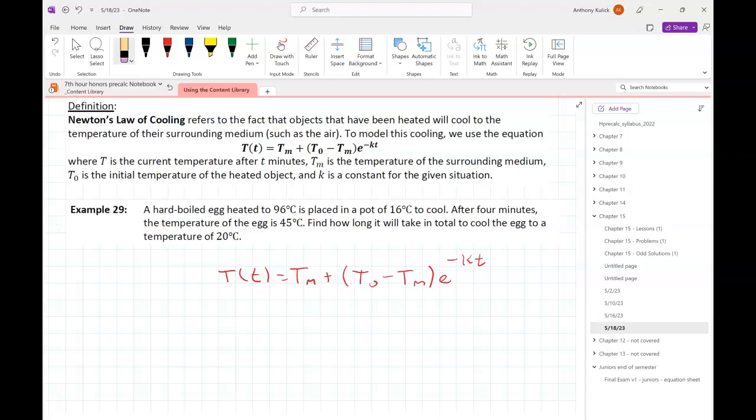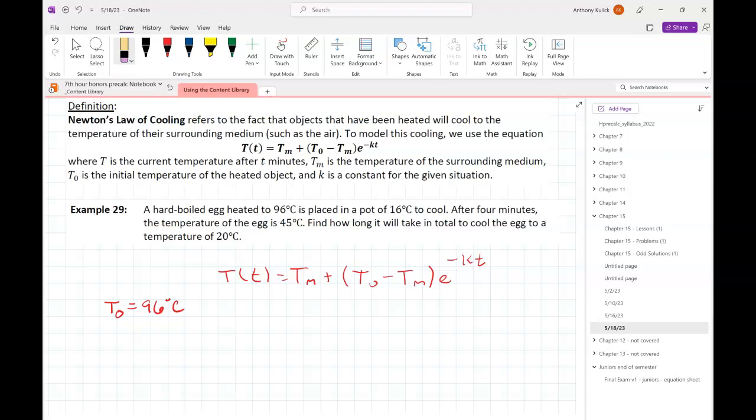All right. So what is the 96? This is the hardest part, getting the stuff in the right place. It's the initial temperature of the object. The eggs are what are cooling off, right? We boiled them. And again, FYI on this, the units don't matter as long as the units are all the same.